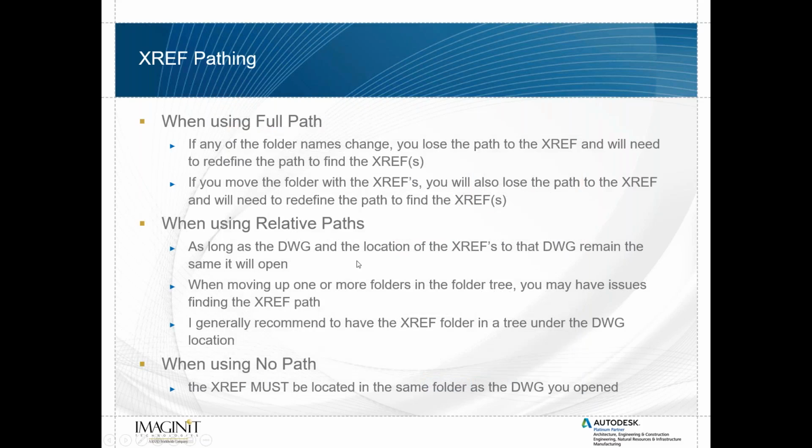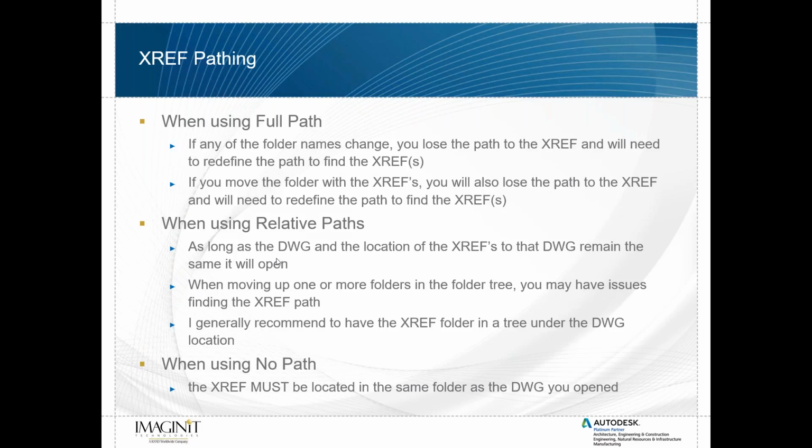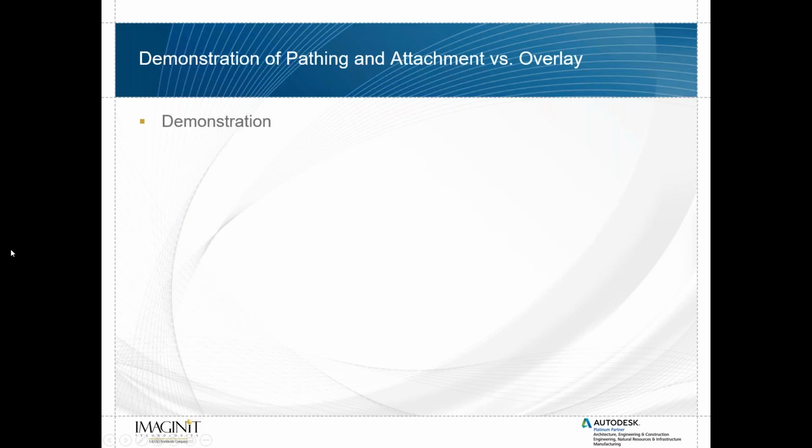You can also change your reference path type system variable to change it to relative, because relative is the out of the box. Or sorry, we're talking overlay. The XREF type system variable, you change that to 1, and overlay becomes the default. That's where we change those two things.